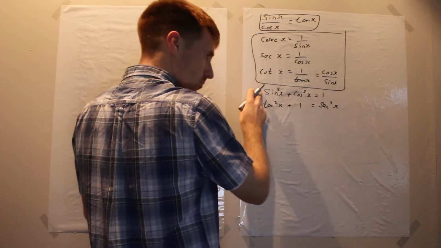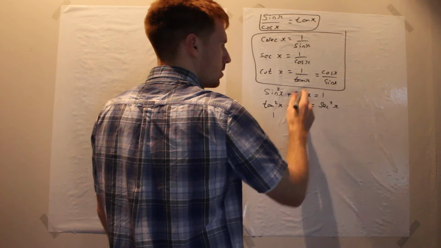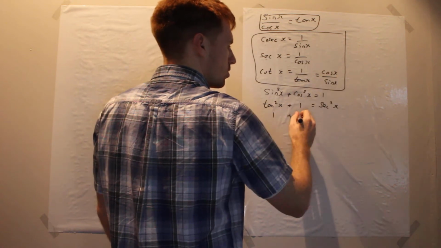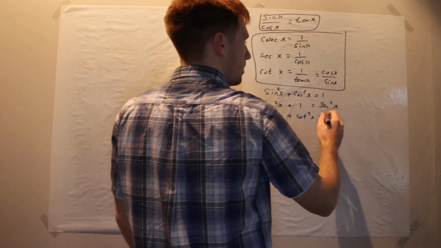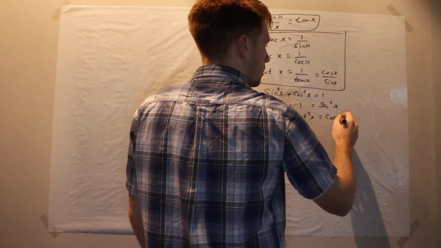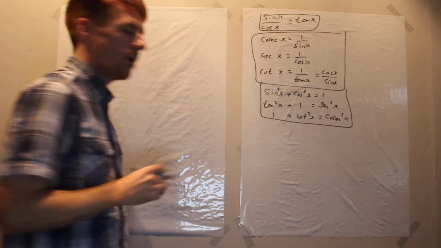The other equation, divide through by sine squared. Sine squared divided by sine squared, 1. Cos squared divided by sine squared, cot squared. And 1 divided by sine squared, you've got cosec squared of x. So we have 3 more equations there.